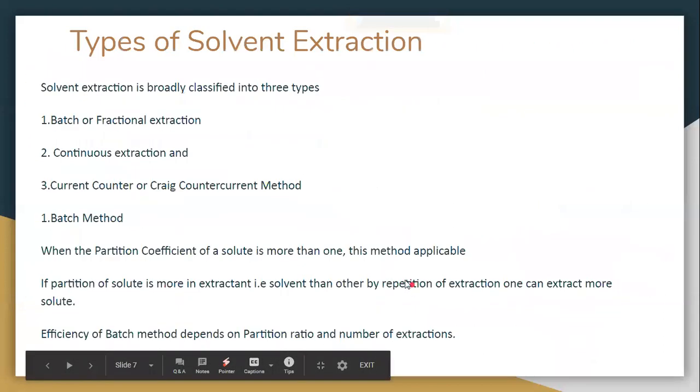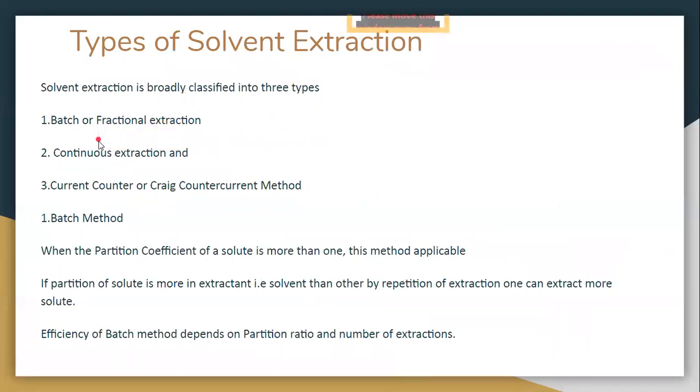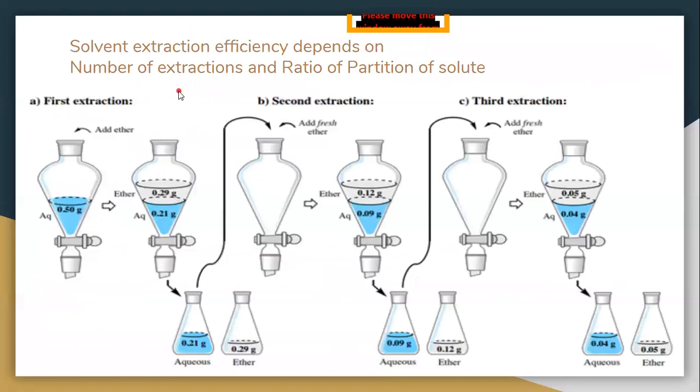Okay. And the types of solvent extraction, we have three methods in our syllabus. One is the batch method, the second is continuous, and the third is counter-current. So what is the batch method? We go for the batch method when the KD value is more than 1. Next, the efficiency of this batch method depends on the number of extractions and the ratio of partition of solvent.